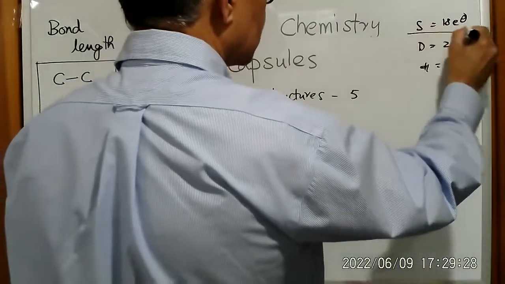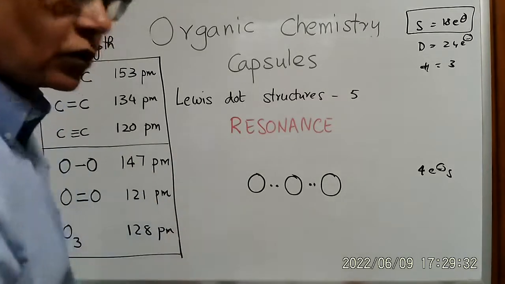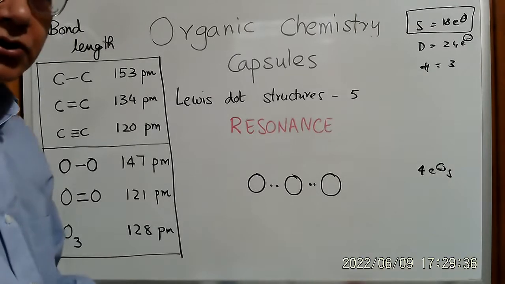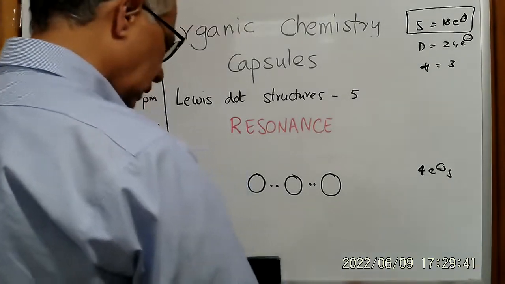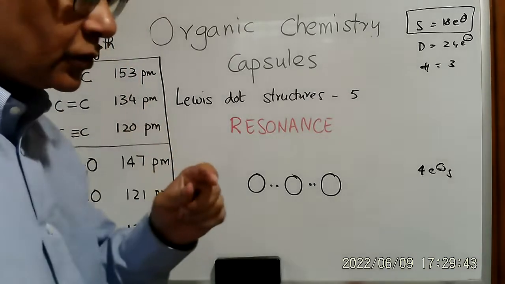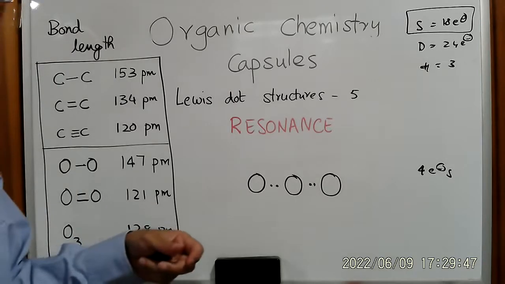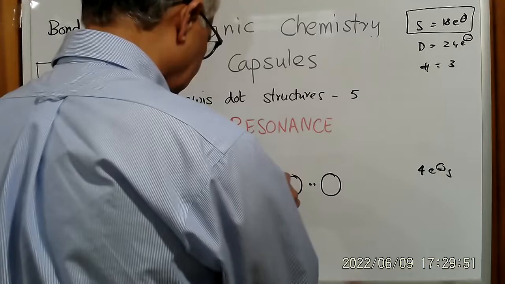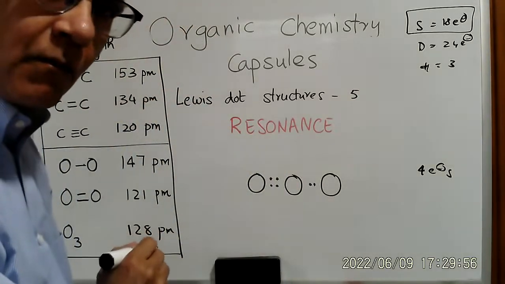There are 18 electrons total. So let's go about giving an octet to each oxygen atom. Okay. You know, oxygen forms either 1 bond or 2 bonds if it's neutral. So let's say we put a double bond there.